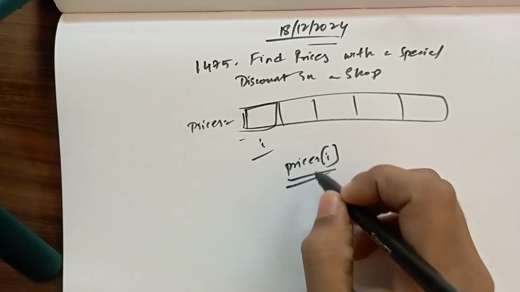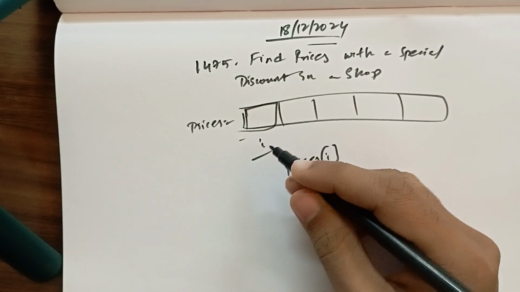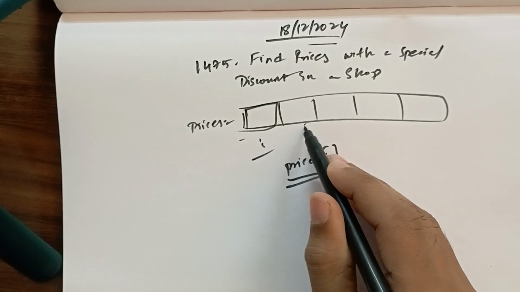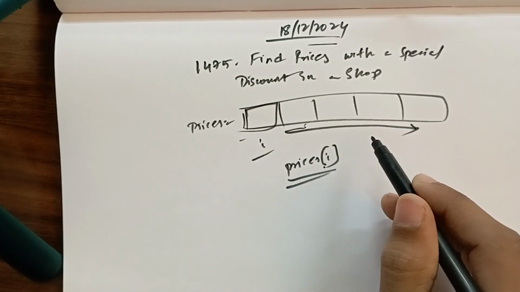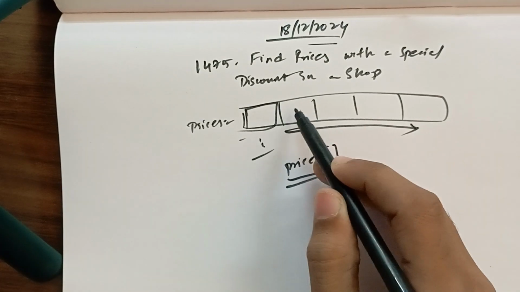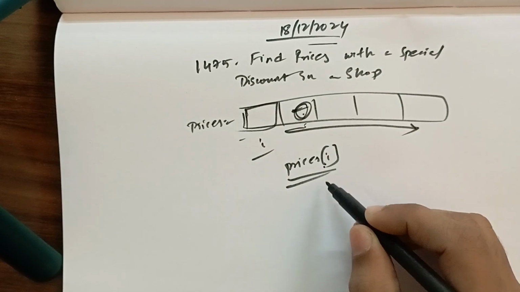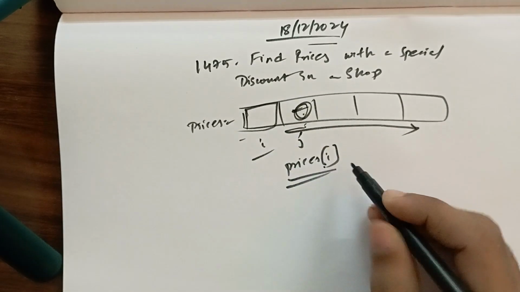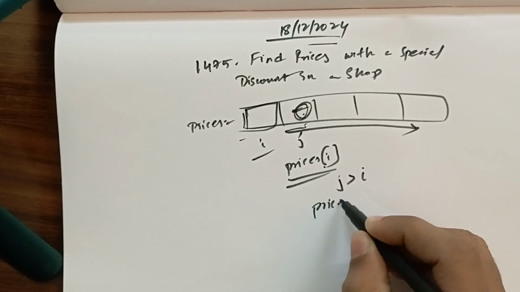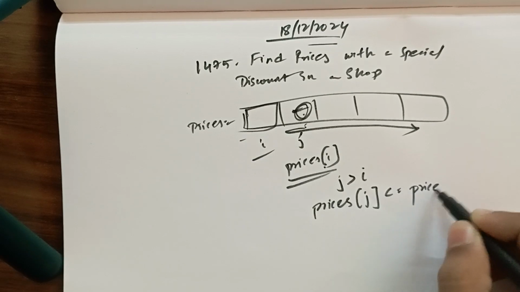Now, for this prices of i, we can take the next index which is greater than i, and prices of j should be less than or equal to prices of i.